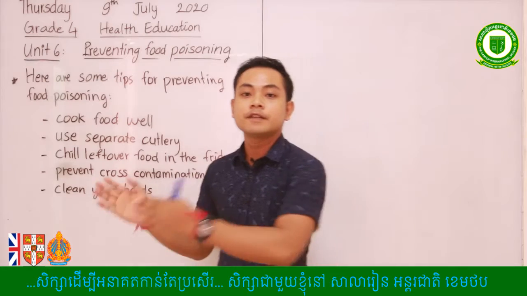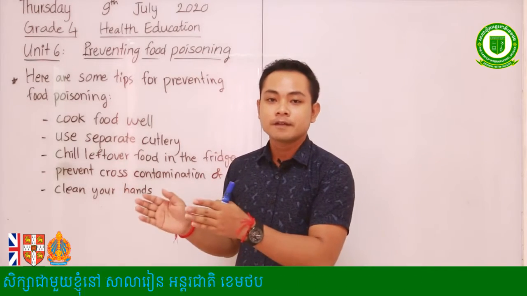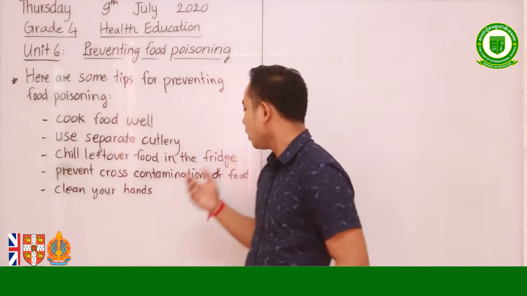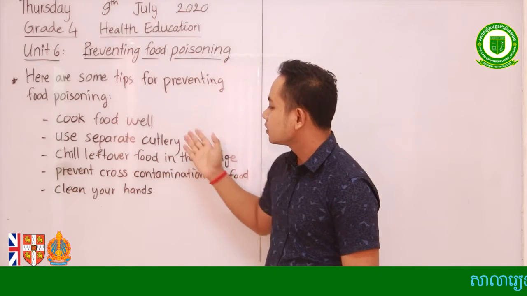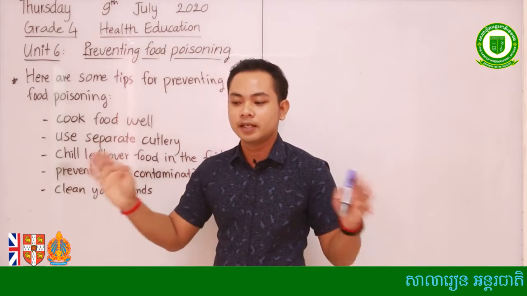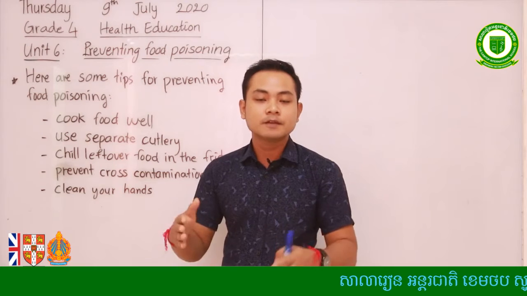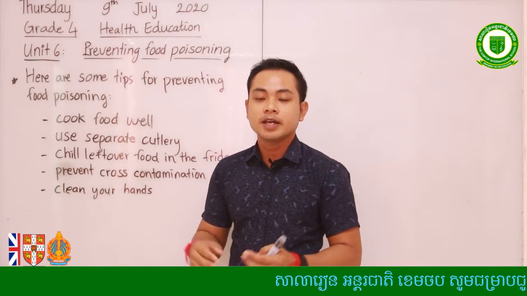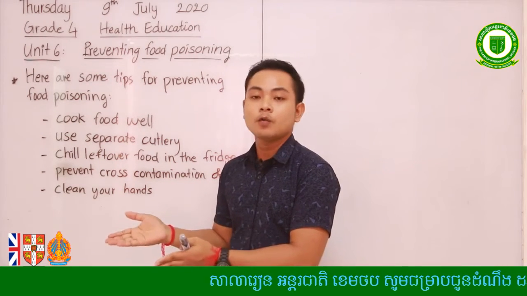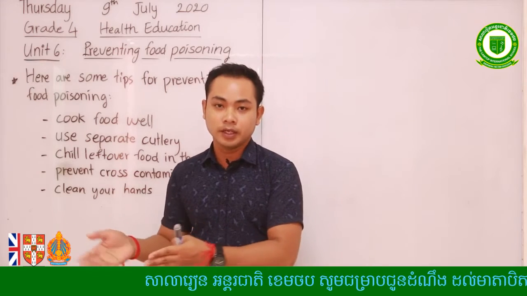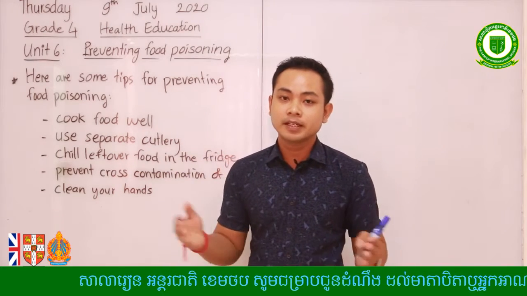We should chill this food in the fridge, or another word we say, refrigerator. Put it in there so the food will stay cool and will not become spoiled. If you just leave the leftover food on the table, after a long time it will become spoiled and you cannot eat it anymore.